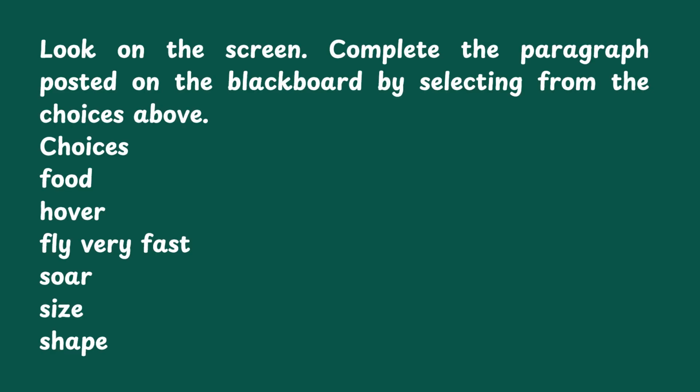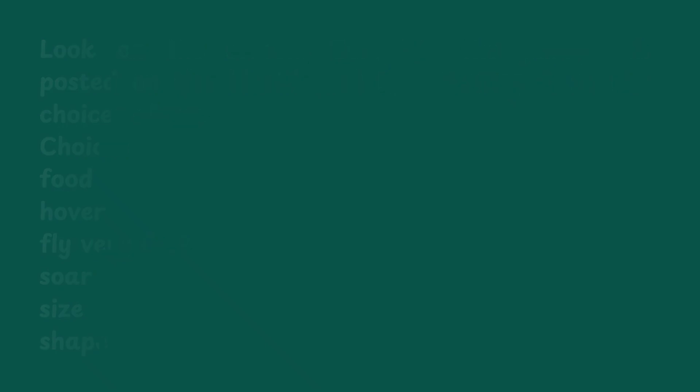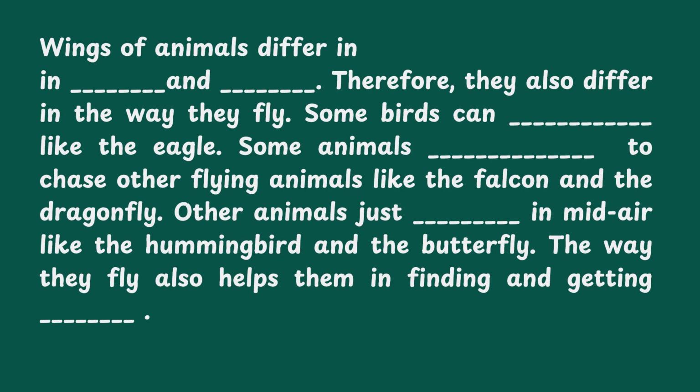Now look on the screen. Complete the paragraph posted on the blackboard by selecting from the choices above. We have here choices: food, hover, fly very fast, soar, size, and shape. Wings of animals differ in size and shape. Therefore, they also differ in the way they fly.